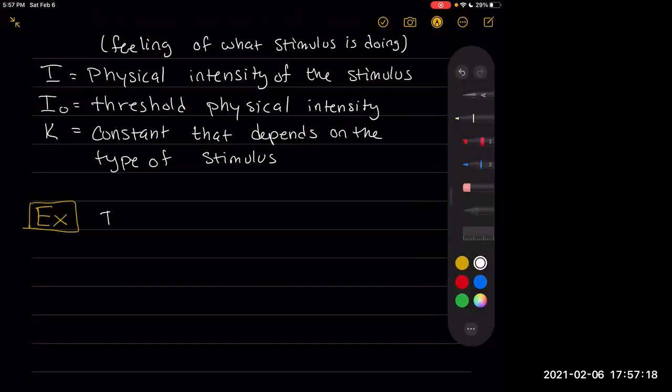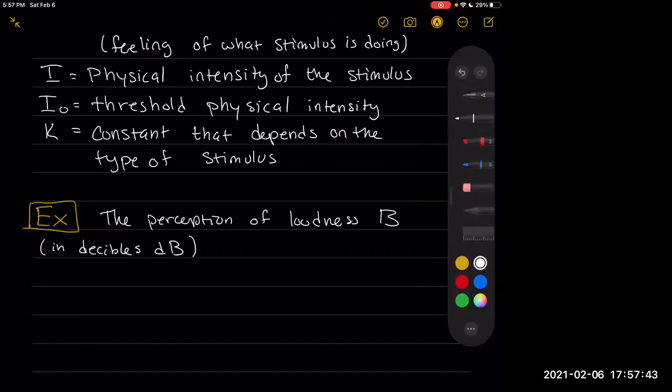The perception of loudness, which we're going to denote B, in decibels, dB.